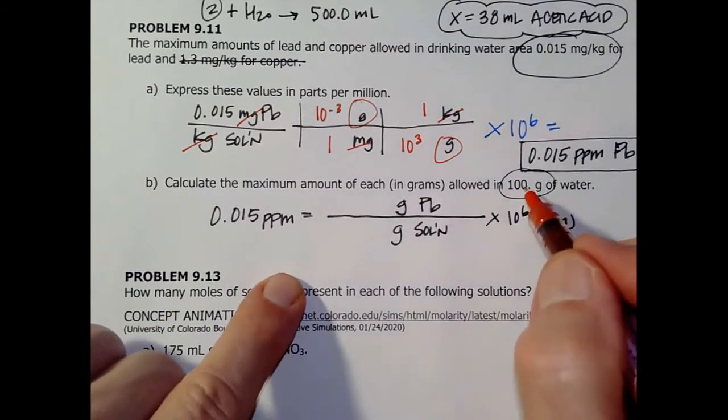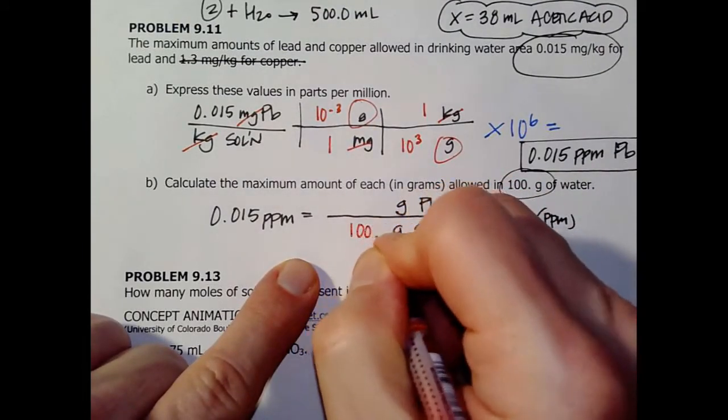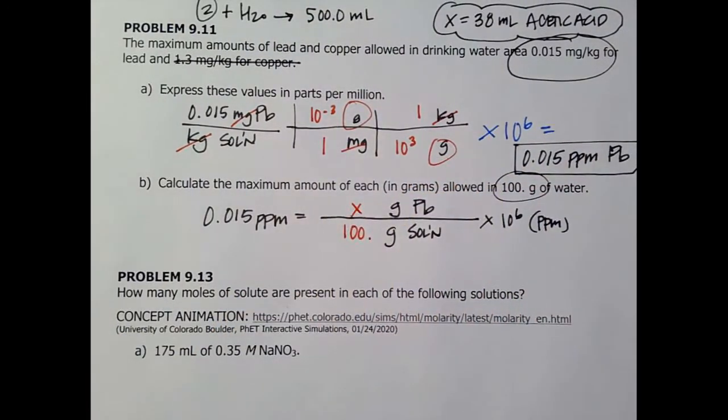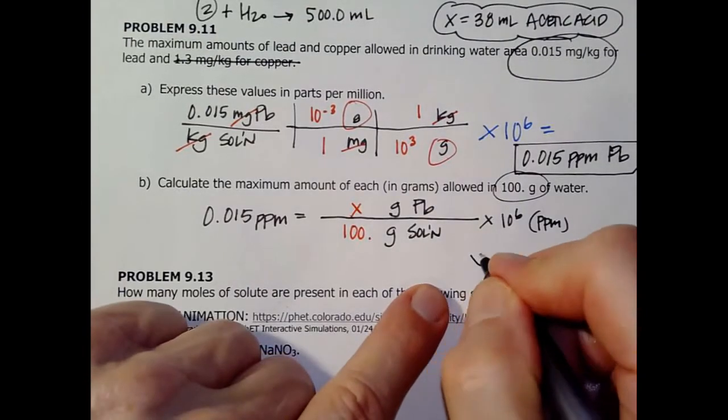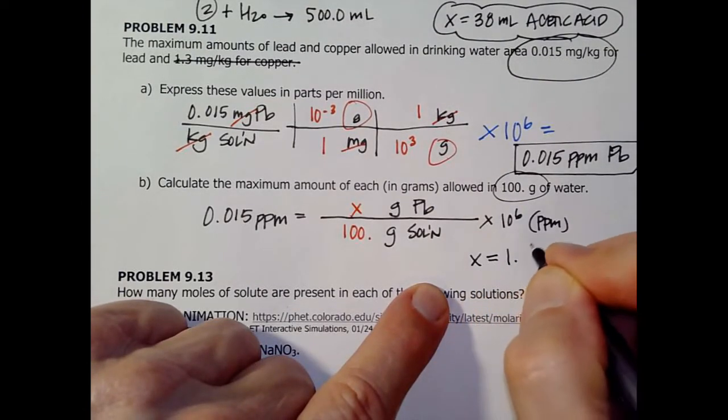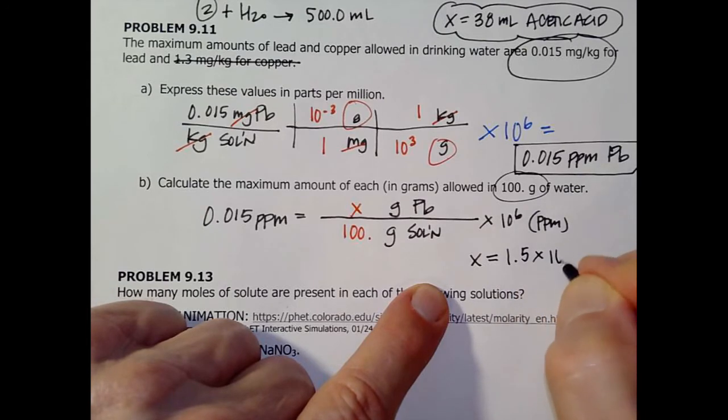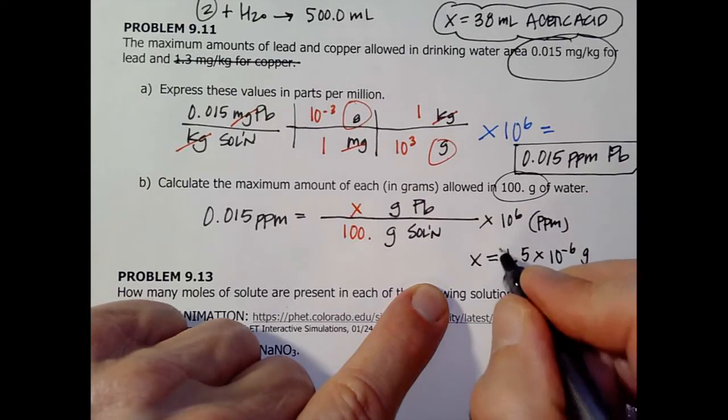Well, I've got 100 grams of the water, x grams of lead. When I do this math, x equals 1.5 times 10 to the minus 6 grams. Not very much. That stuff's pretty toxic.